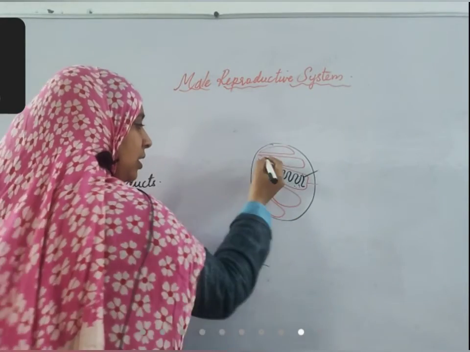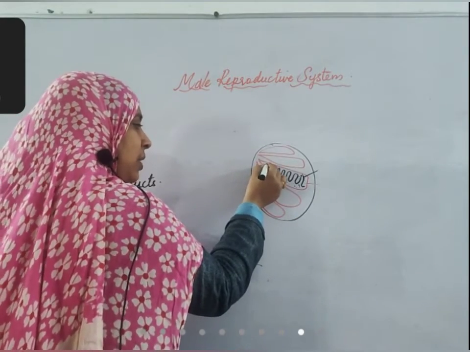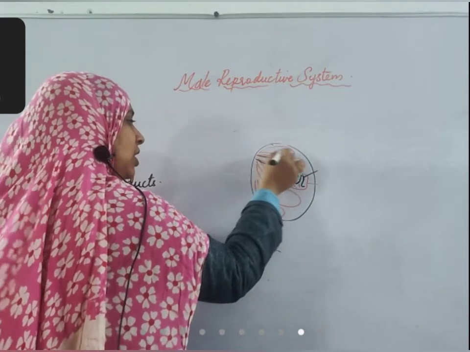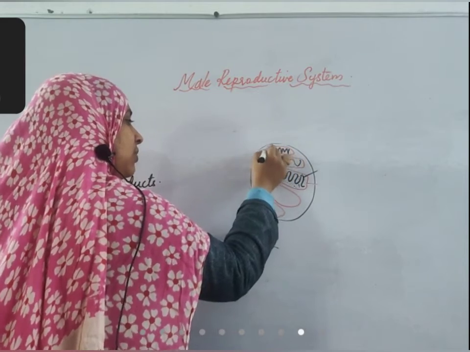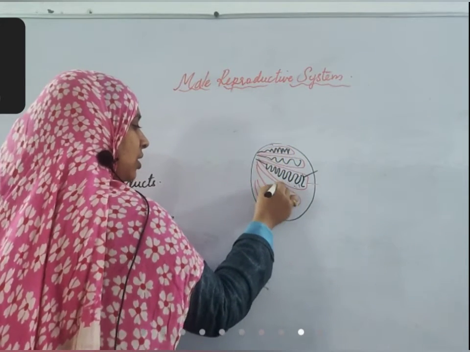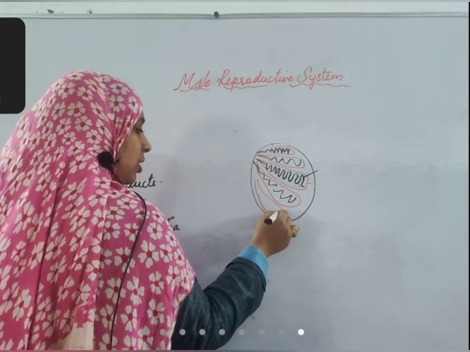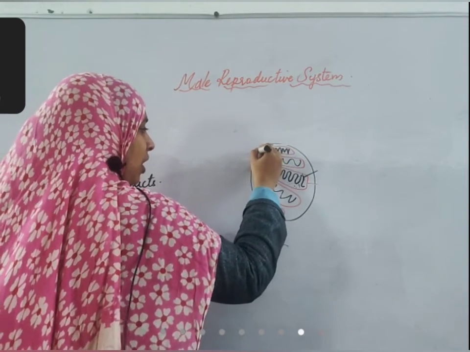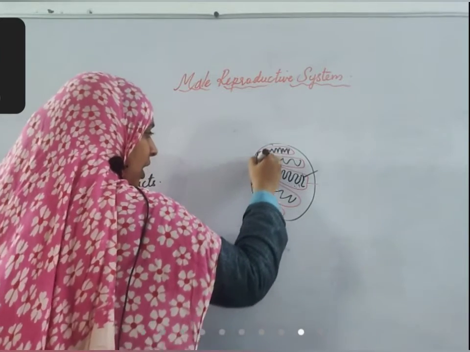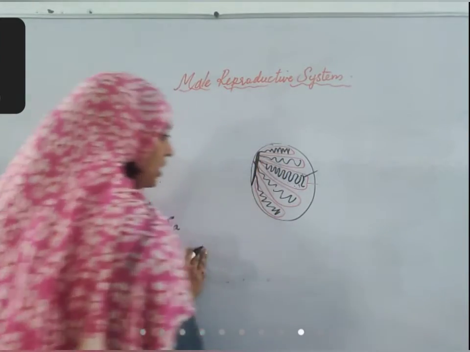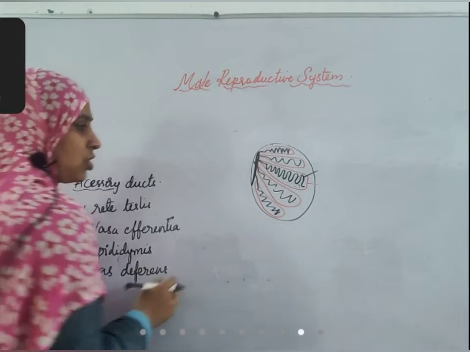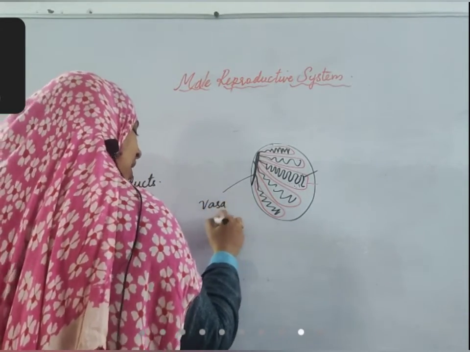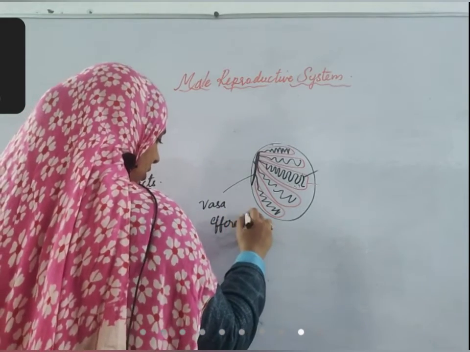After the testicular lobules, the seminiferous tubules extend outside. Each of the seminiferous tubules extends outside and connects to a duct. This duct is called the vasa efferentia.